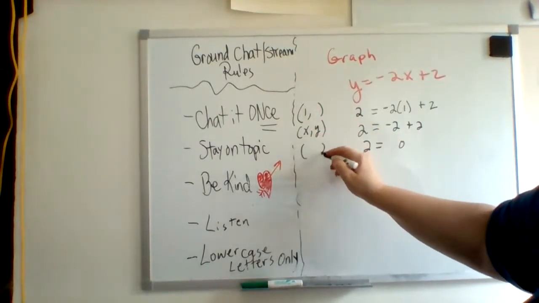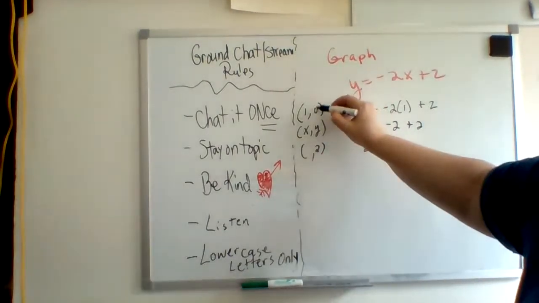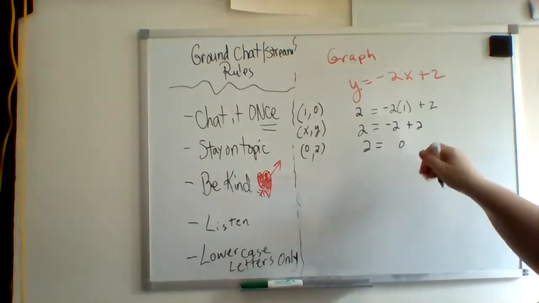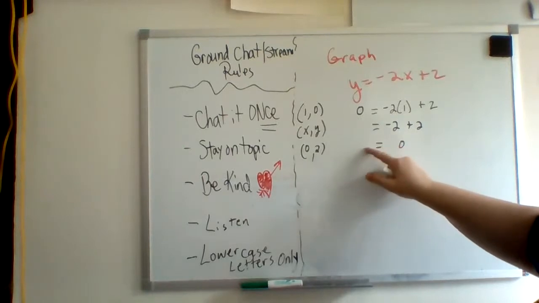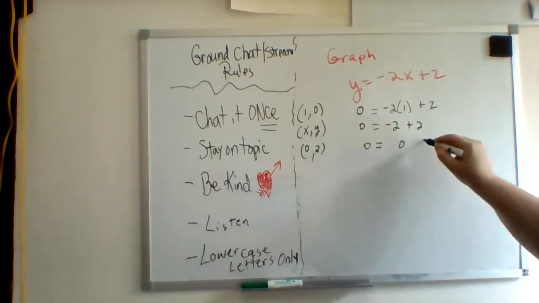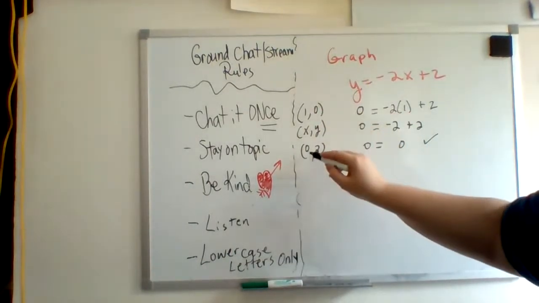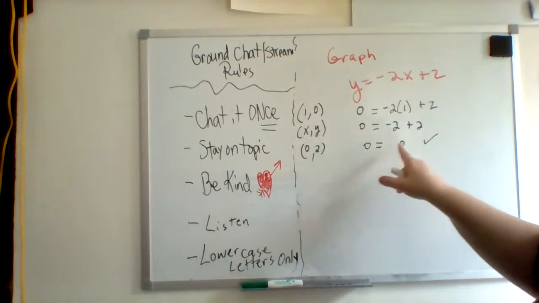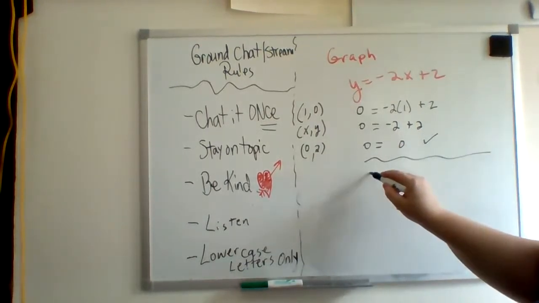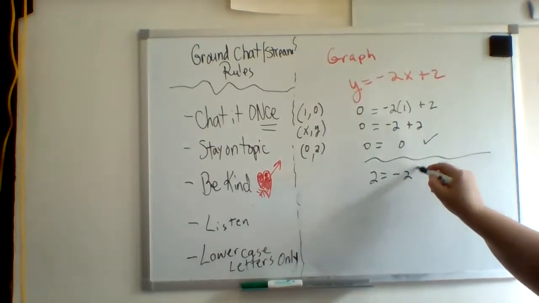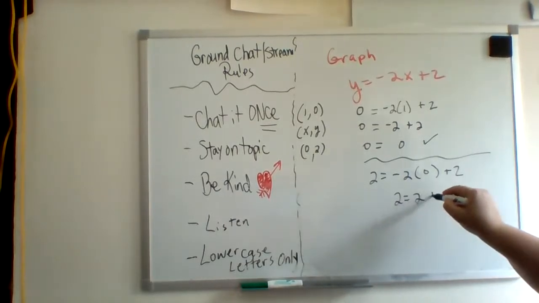Maybe you meant the two intercepts. So 1, 0, x, y, and then when x is 0, y equals negative 2 times 0 plus 2, which is 2. Yeah, that must have been what you meant.